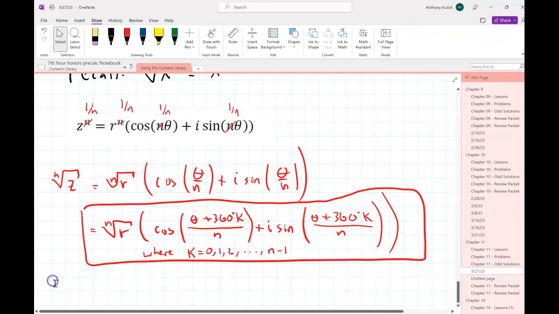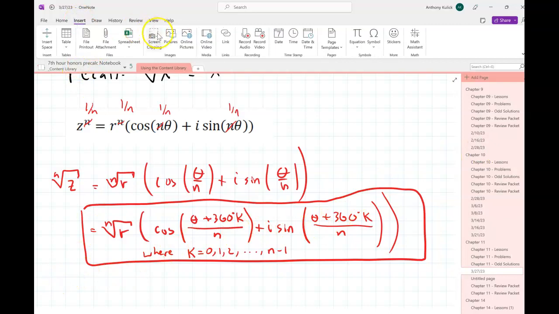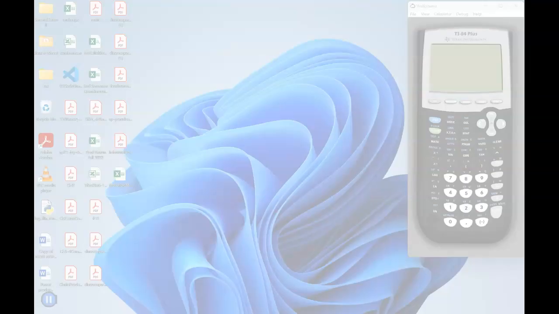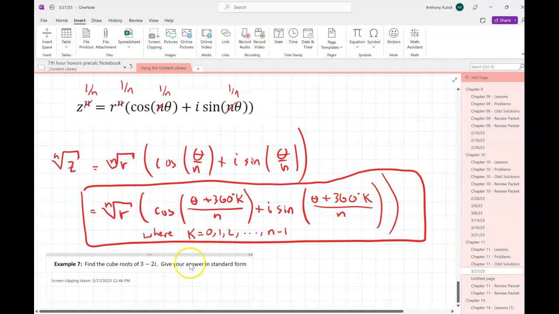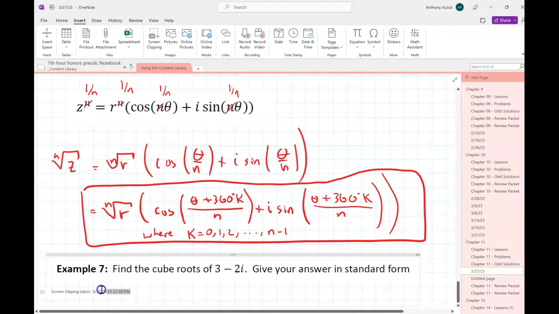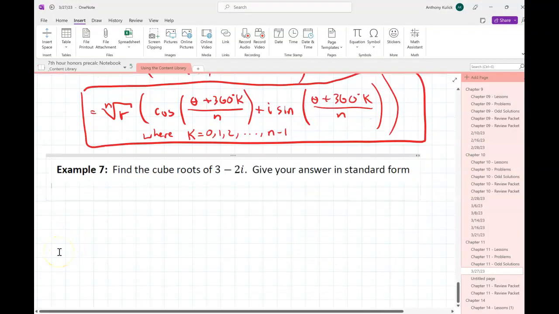Let's do a couple of numeric examples to drive this home. This is the most complicated thing we've done so far. So we'll do 2 of these just to make sure we kind of got it. Okay.